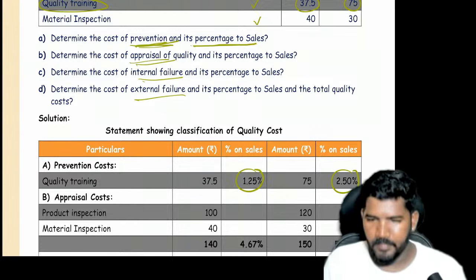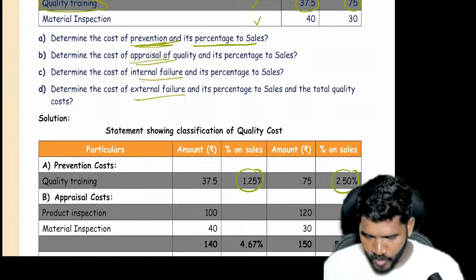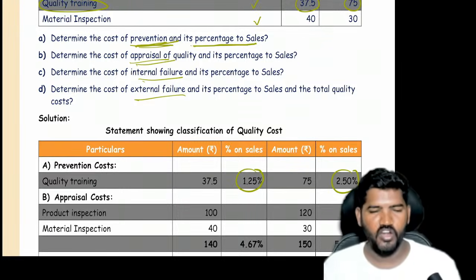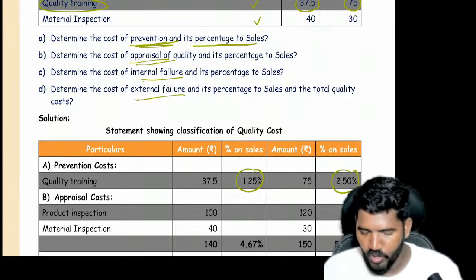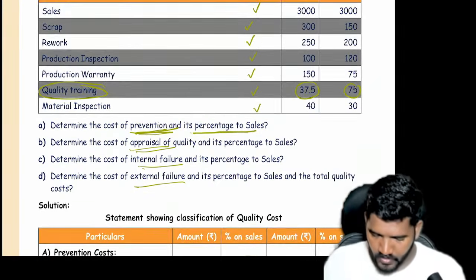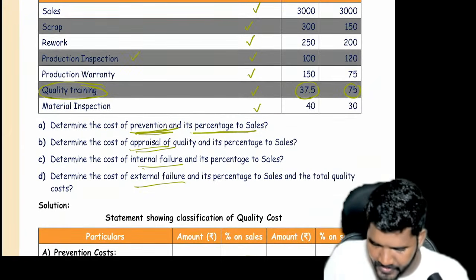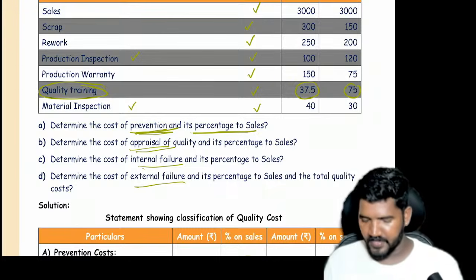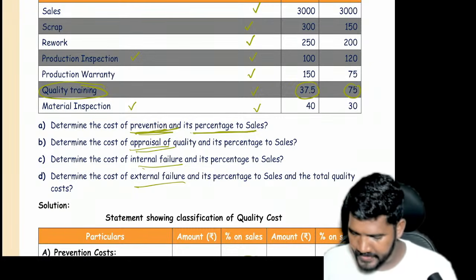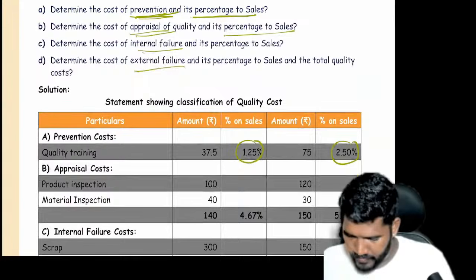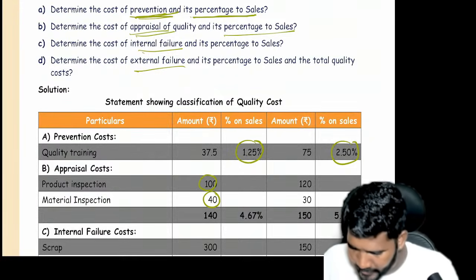Determine the cost of appraisal. So what are the costs of appraisal? Production inspection and material inspection; all inspection related costs are appraisal cost. Yes, there is a product inspection and a material inspection. First write down the cost, 140.